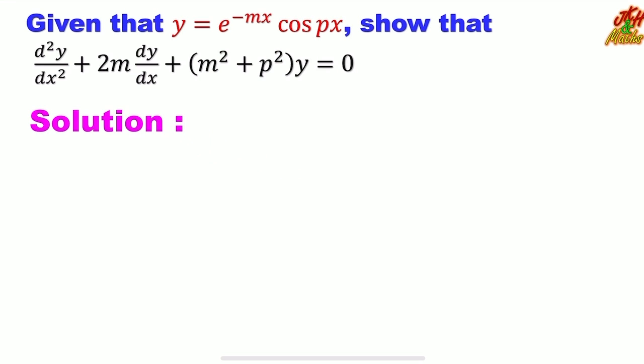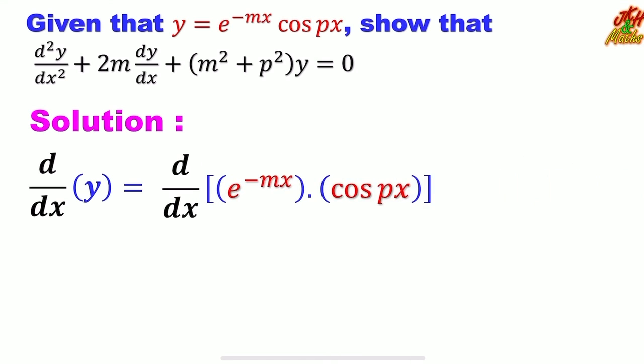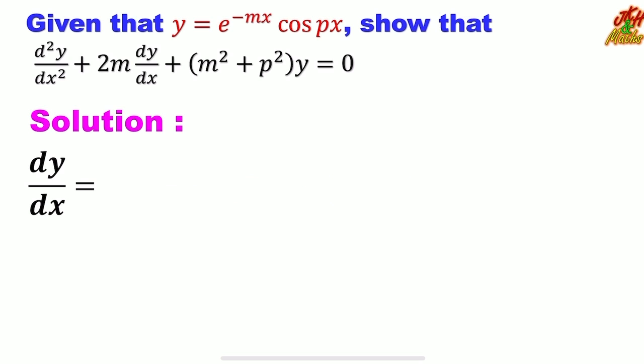So now let me solve this problem. Let us differentiate the given equation on both sides with respect to x. This will give us dy/dx on the left hand side, and on the right hand side, by applying the product rule, let us assume e raised to the power of negative mx is our f(x) and cosine px is our g(x).